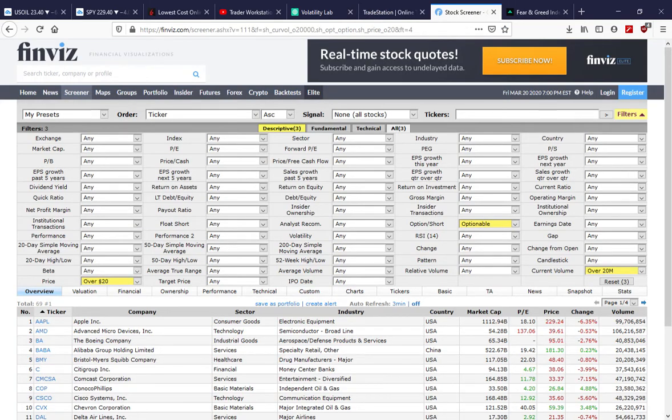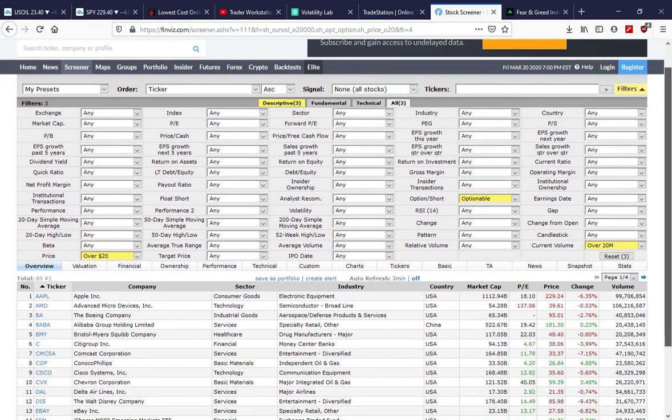This Finviz screener is a good one to look at. Just go to the screener, click on the tab "All", and you'll come up with all these boxes, and you just highlight the ones that I've got highlighted here in yellow.